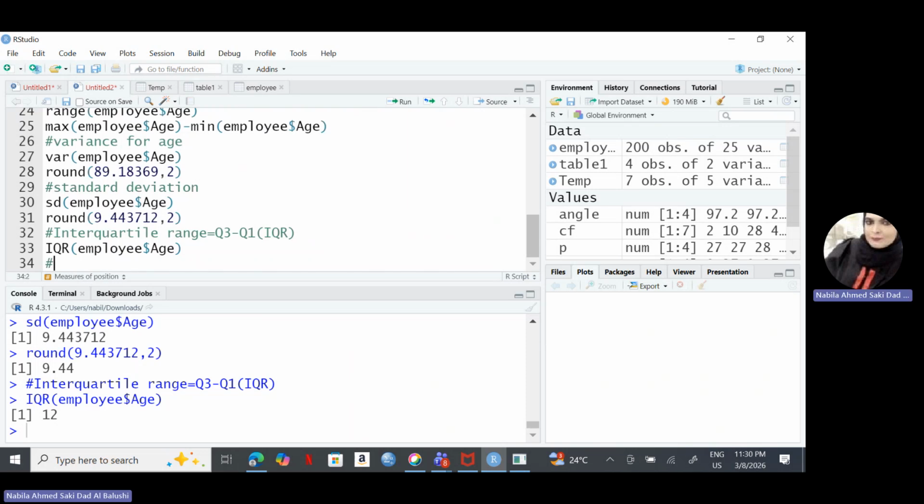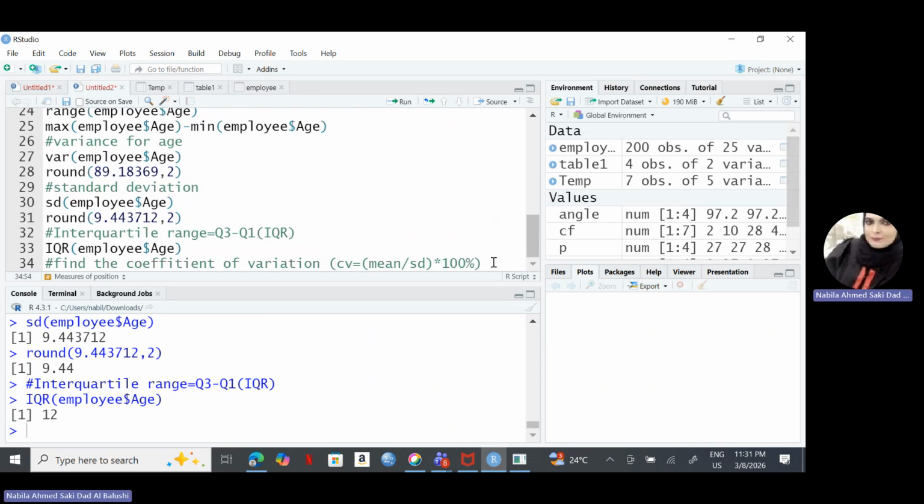Also, you should know how to find the coefficient of variation, known as CV, which is calculated by taking the mean divided by standard deviation. This is used to compare the variability if you have two different groups.